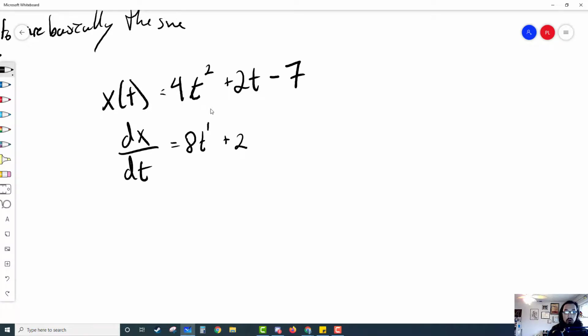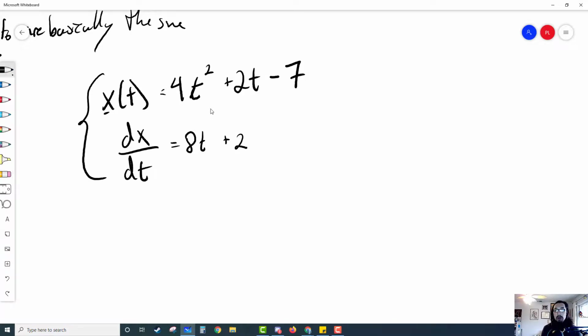All right, so this position function with respect to time has a velocity with respect to time equal to 8t plus 2. I'm going to get rid of that prime there.